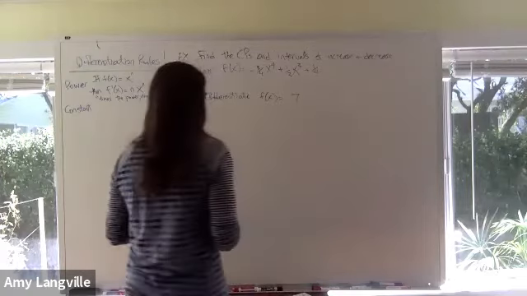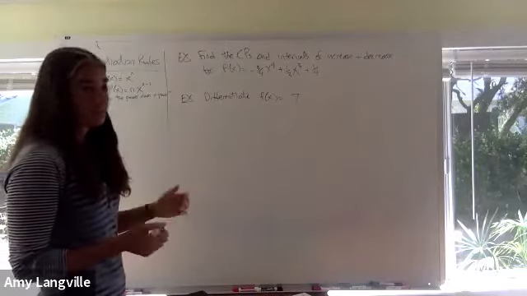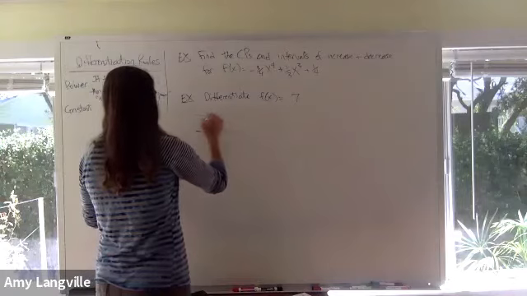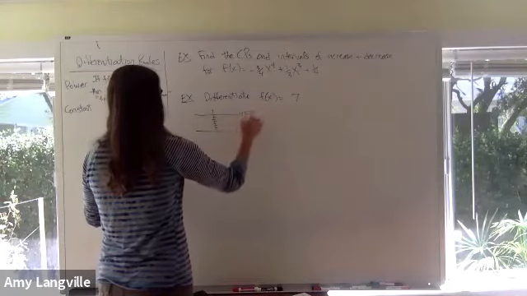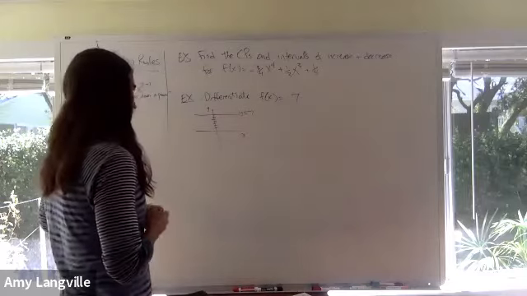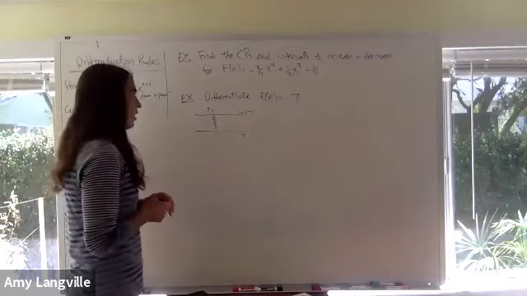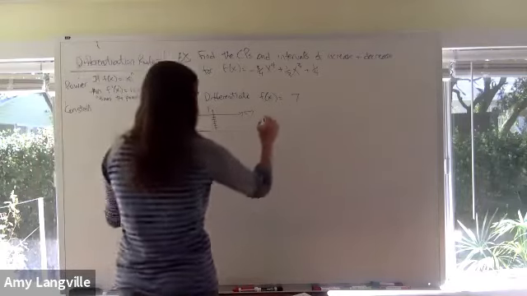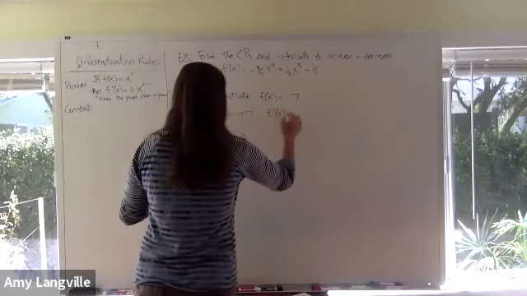All right, suppose the function is just y equals 7. Well, what does that look like? A horizontal line going through 7 on the y-axis. And for the derivative of this, there's a rule, the first box on that page I just showed you: the derivative of a constant is 0.